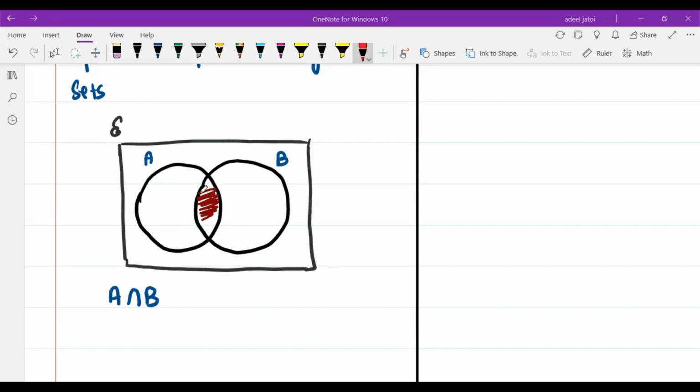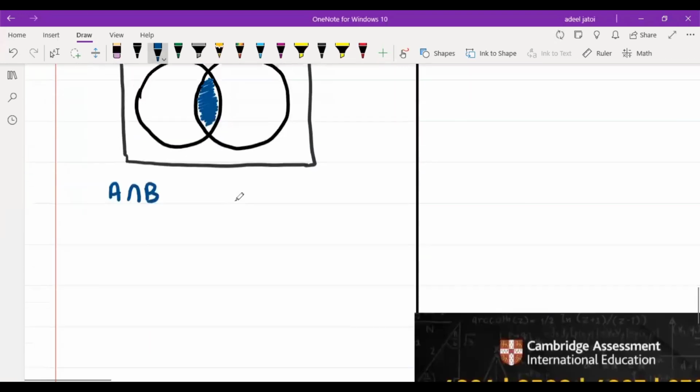Only this part. So we will always shade this part. So let's shade A intersection B, the common points.